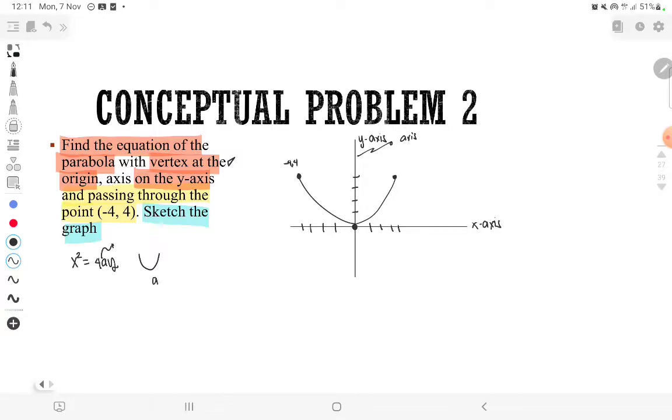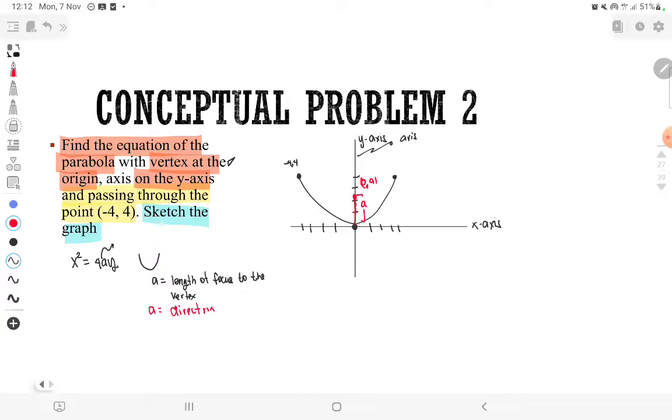Take note that our a is the distance from the focus to the vertex. Let's have a value a here, unknown a. The length from (0, 0) will be 0, a, and it is also the distance of the focus from the vertex, and our a is also the distance of the directrix.